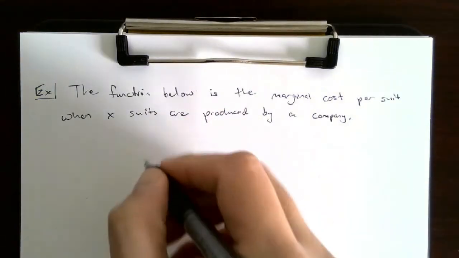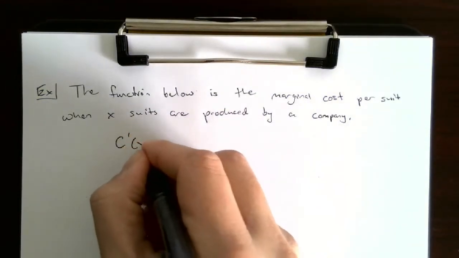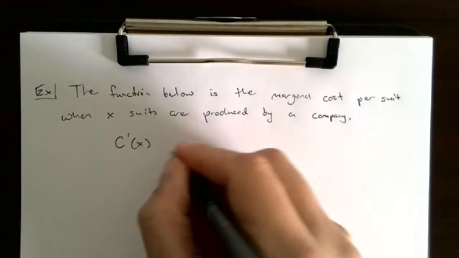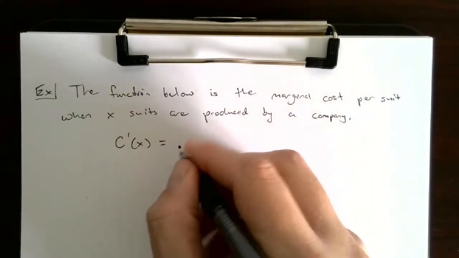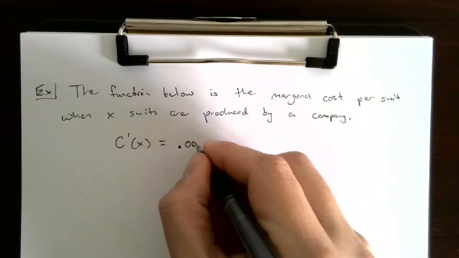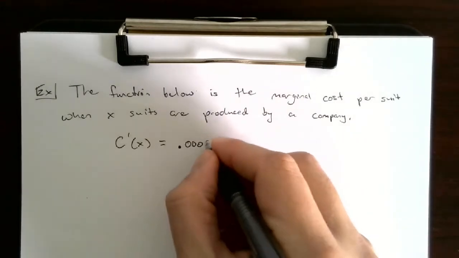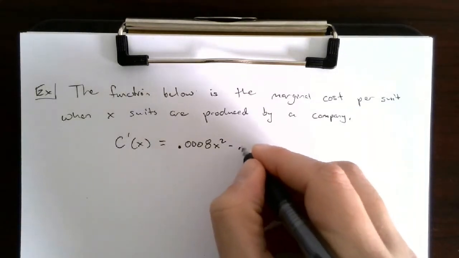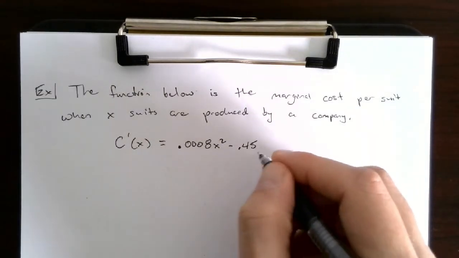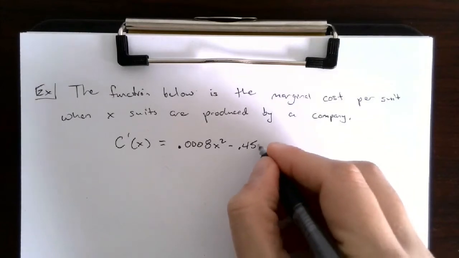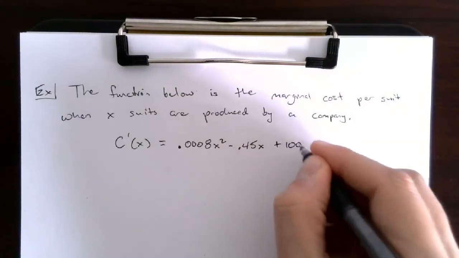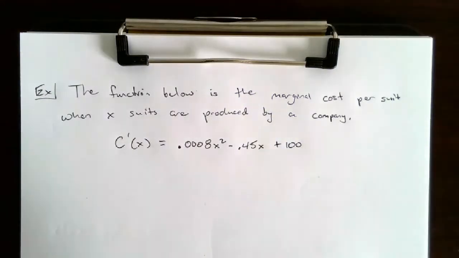And they'll give you the function, we'll say it's C prime of x. Remember, marginal cost is the derivative of cost, so C prime of x equals 0.0008 x squared minus 0.45x plus 100.